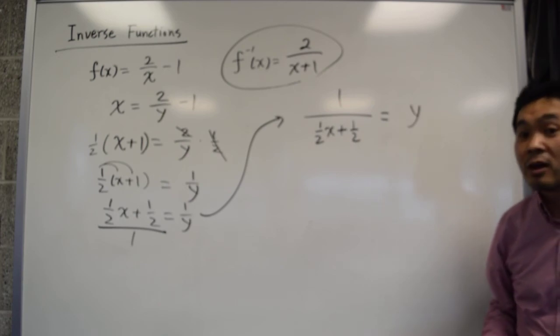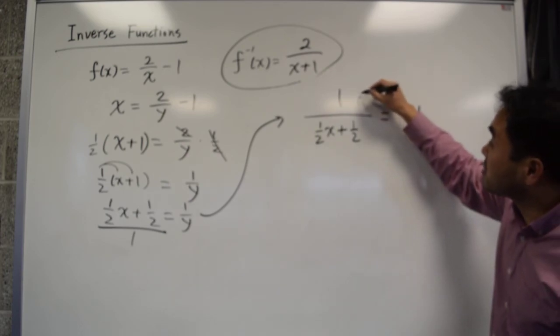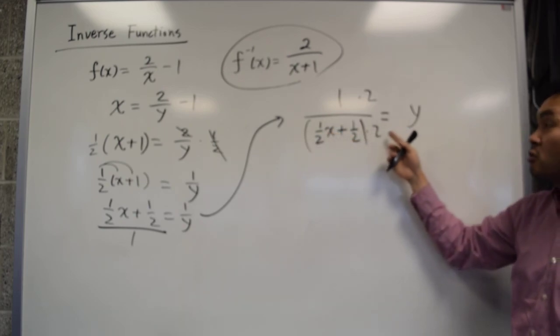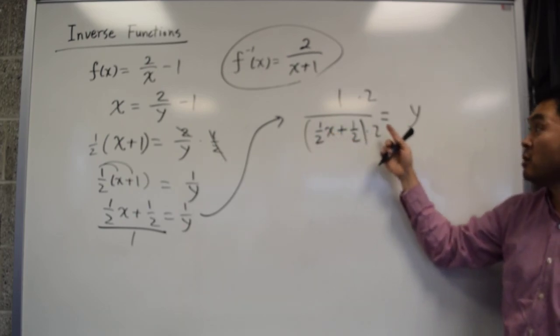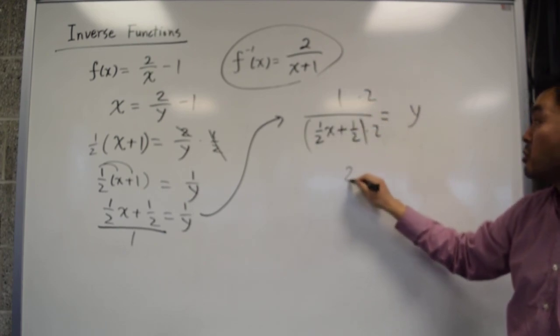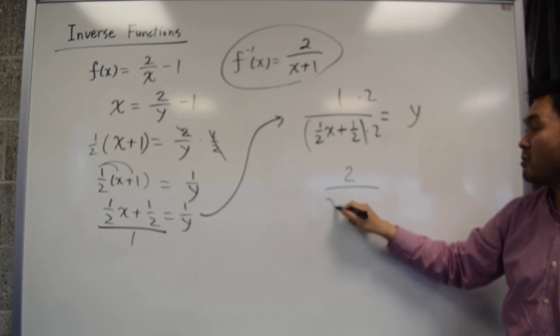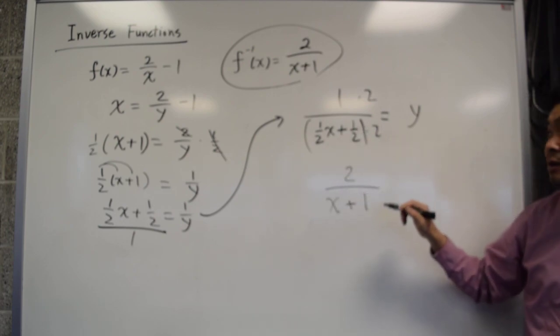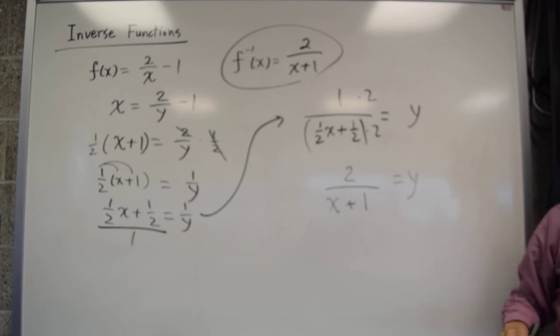Any suggestions? Multiply 2 top and bottom. If you have fractions inside fractions, you can use the property that for any fraction you can multiply the same number top and bottom. If you do that, 1 times 2 is 2. 2 times 1/2 x cancels and you get just x. 2 times 1/2 you get just 1, and you get this. That's how you get that.